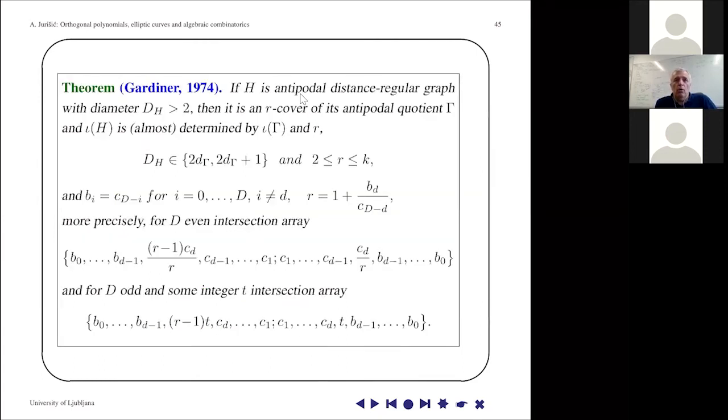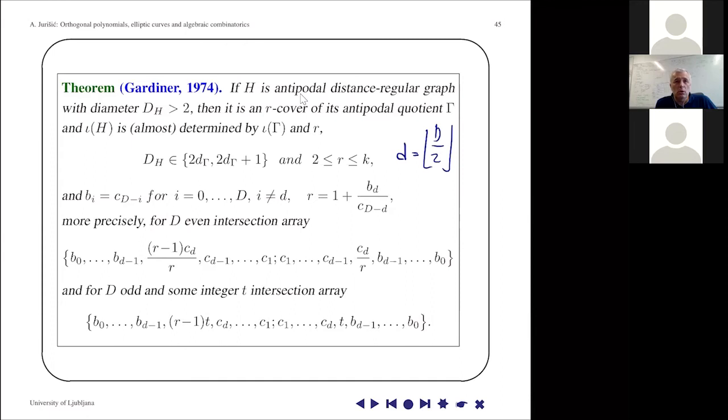Now, if you want to figure out if some graph has a cover, then you have to determine what the intersection array of this cover is. And Gardiner actually proved, in short, that the diameter of a quotient is d over 2, where d is the diameter of the cover, and then gave the intersection arrays.